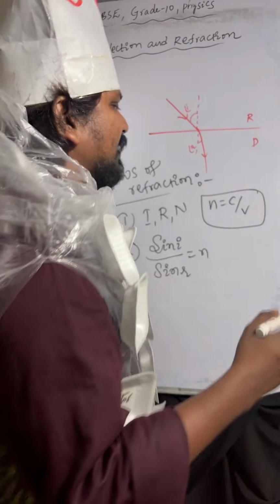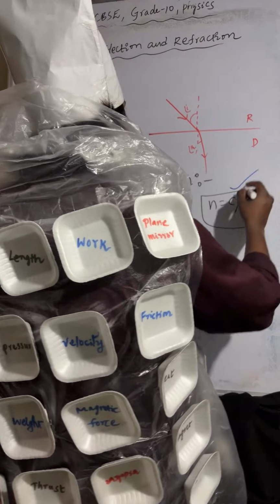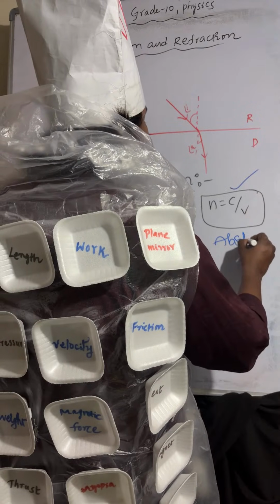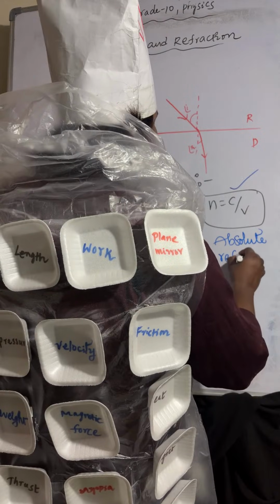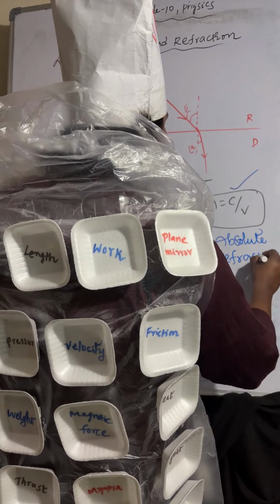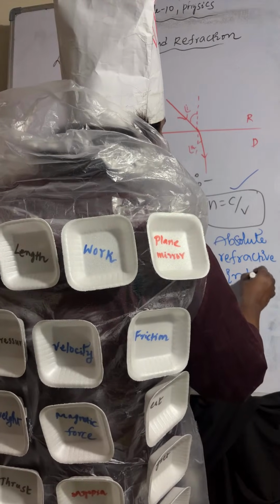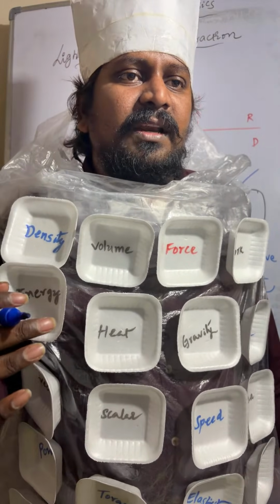Absolute refractive index is nothing but the ratio of the speed of light in vacuum to the speed of light in the medium. What about relative refractive index?